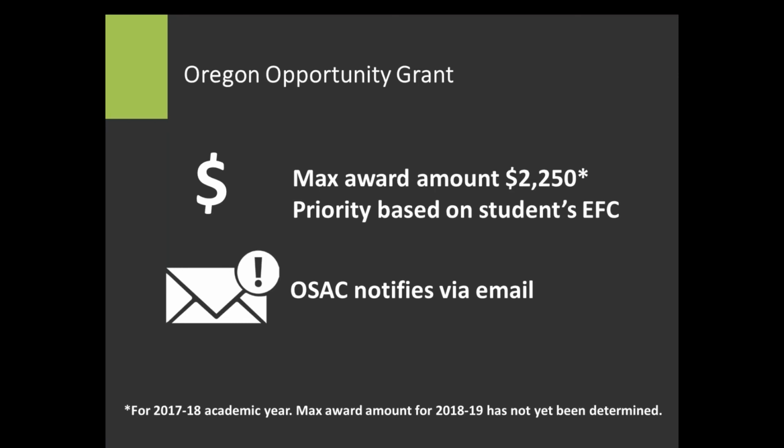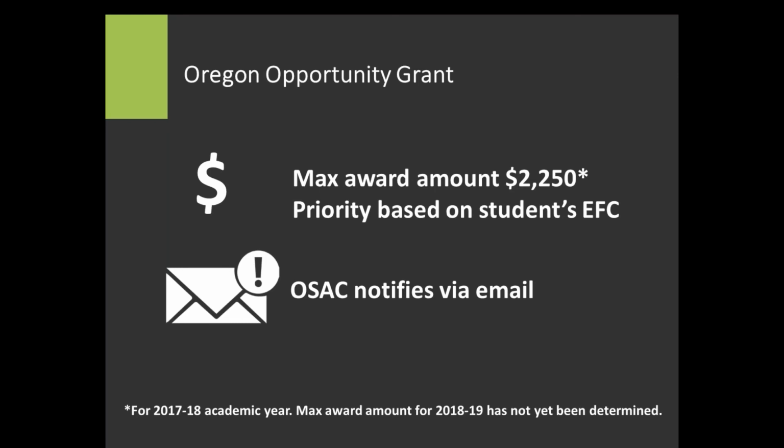Now, if you decided to return to school this year in winter term and you filed your FAFSA for 17-18, unfortunately, you would not be eligible for the Oregon Opportunity Grant for 2017-18. However, when you file your FAFSA for 2018-19, you may be eligible for it next year. The way the Oregon Opportunity Grant works is that you have to enroll fall term of the school year to receive that money.